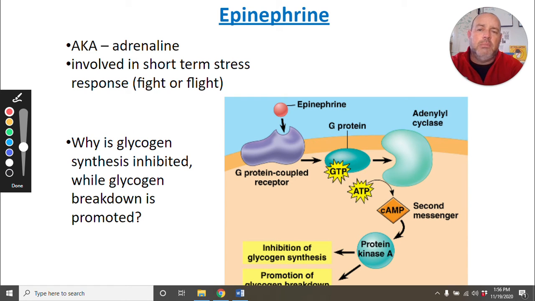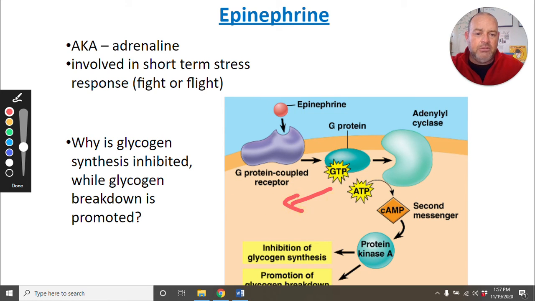If you get really excited, you could get some adrenaline, or if you get scared, you could get some adrenaline. And so what we're looking at, here's epinephrine. This is the hormone that's coming in, and it's going to be the first messenger. It's going to be the ligand. It's going to bind with the G protein coupled receptor.